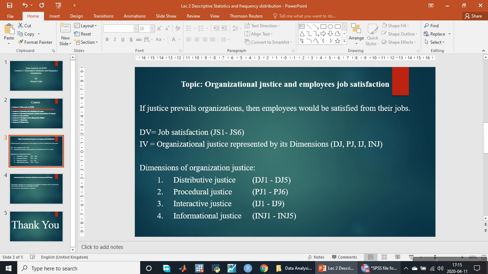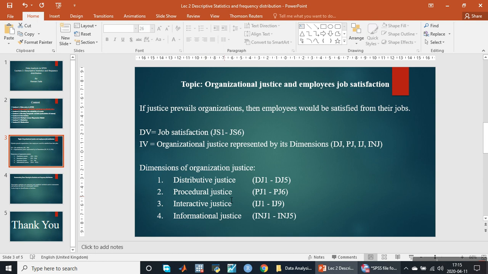Here the dependent variable is job satisfaction and the independent variable is organizational justice, which is represented by its 4 dimensions. There are 6 questions in the scale of job satisfaction, from JS1 to JS6. In the scale of distributive justice, there are 5 questions from DJ1 to DJ5.